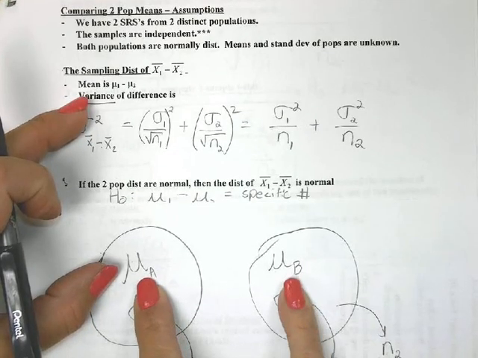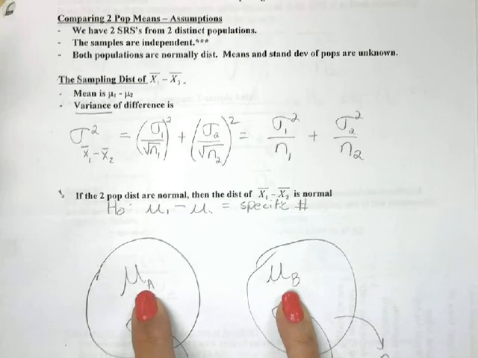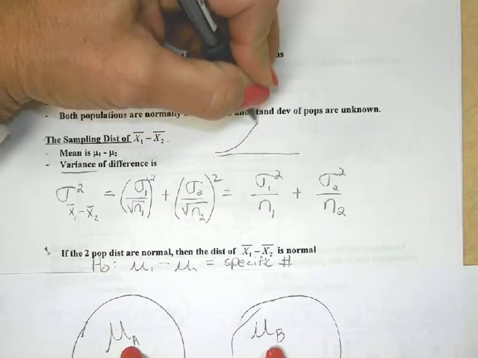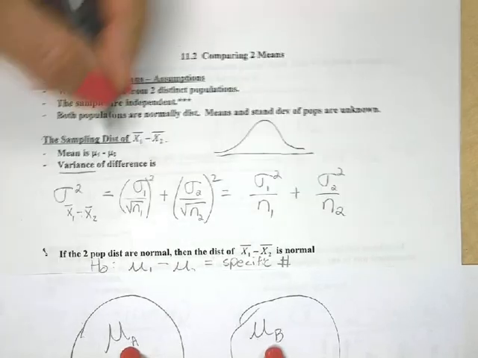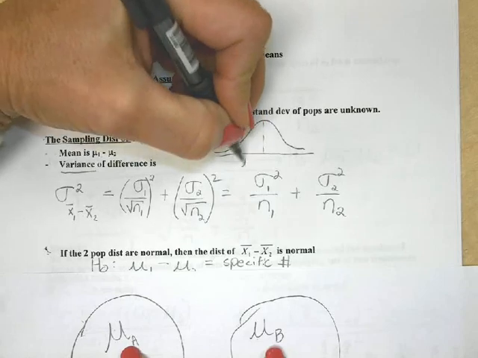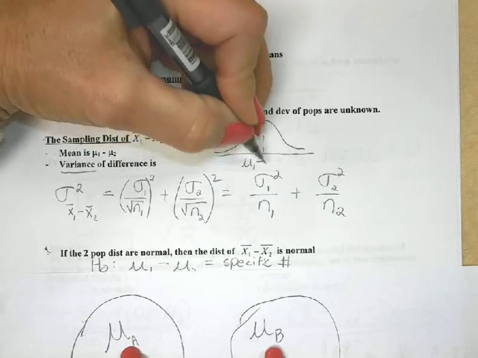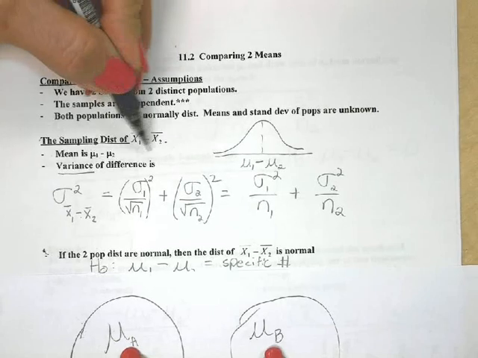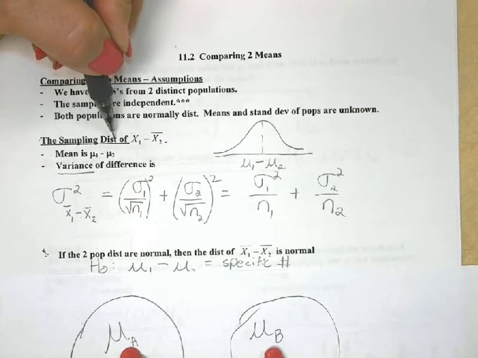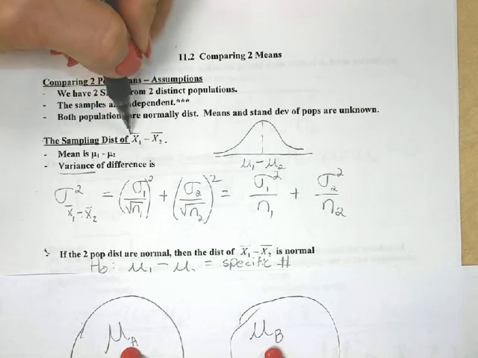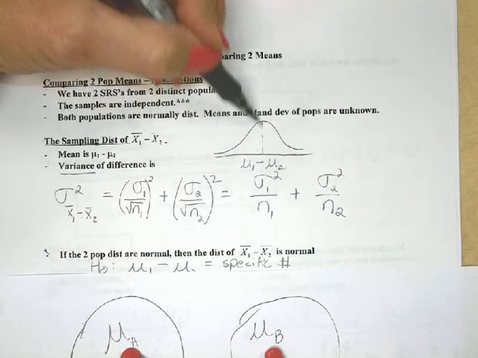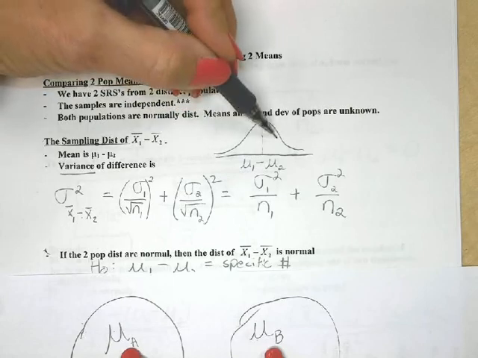If we subtract these two numbers, that tells us where our sampling distribution should center. Picture-wise, this sampling distribution for the difference should center at the mean of the first population minus the mean of the second population. As we take samples from each of the two independent populations and subtract the X bars, we won't necessarily land right at this difference. Sometimes a little higher, sometimes a little lower.